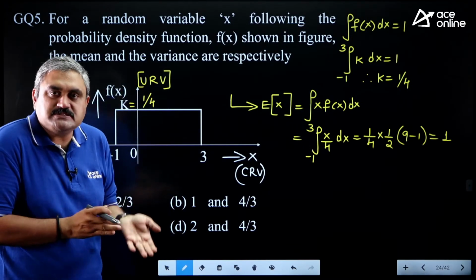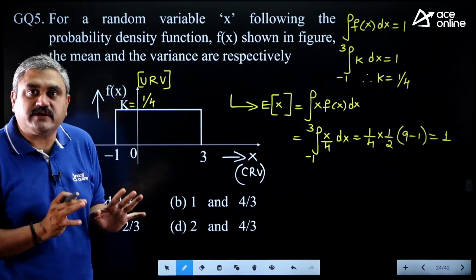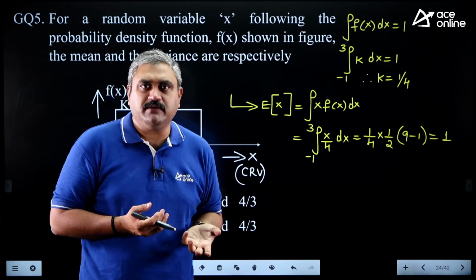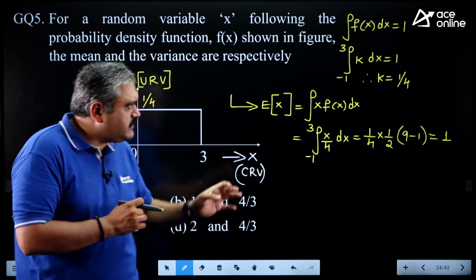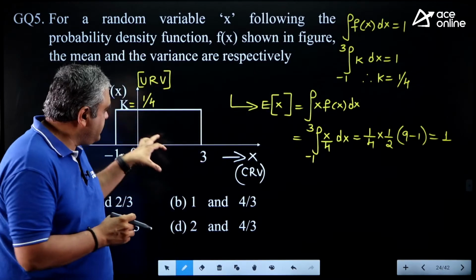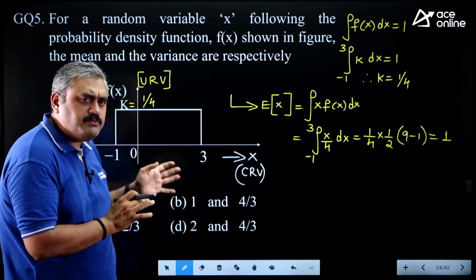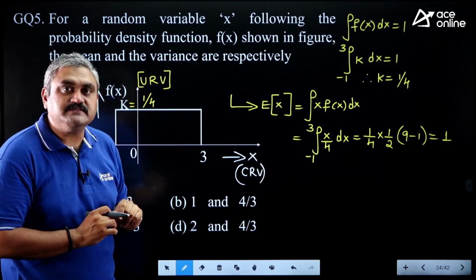Exactly 1: 3 plus -1, by 2. So that is the reason you are getting the answer as 1. That is a shortcut. In a time bounded paper, the examiner will definitely choose this type of random variable. So you need not do all this calculation. Just by finding k and taking that midpoint, you will get it. No need to find even k. Midpoint is your mean.